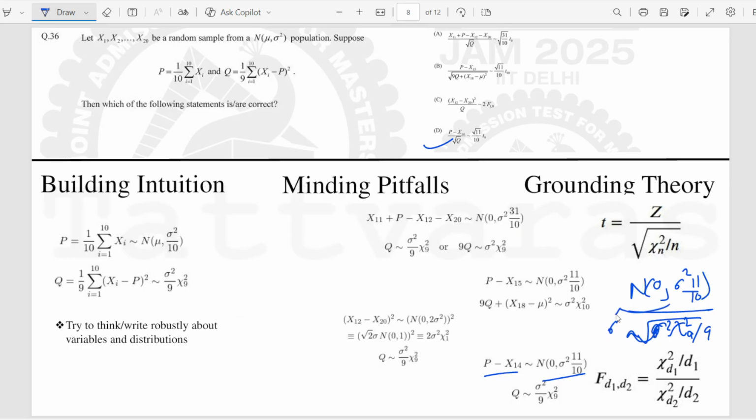Similarly, we can take this out as well, this becomes sigma root over 11 root over 10, this part then becomes 1. This is following the t distribution with 9 degrees of freedom structure, but the factor over here is root over 11 by 10, whereas this is saying root over 11 divided by 10, not root 10. So this is wrong. Now, this is a tricky area. It may seem like it is right in a moment of hurry, but no, it's wrong.